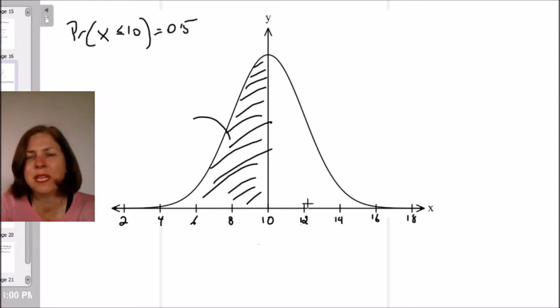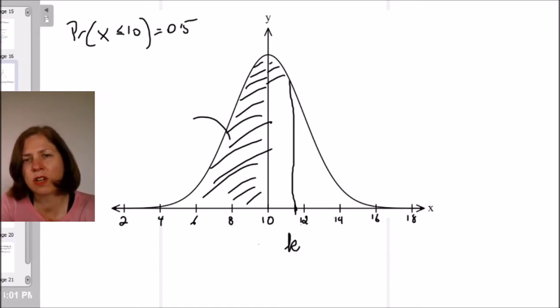I need it to be bigger than that. Now, I don't know exactly how big it's going to be. Maybe it's going to be somewhere here. Maybe it's going to be further to the right of this standard deviation. But let's just pick a point on my graph and call it K. I'm just drawing this diagram so that I can show you what it is I'm asking my calculator to do.